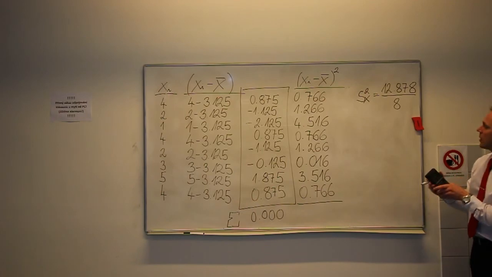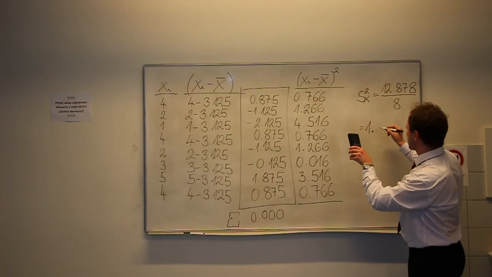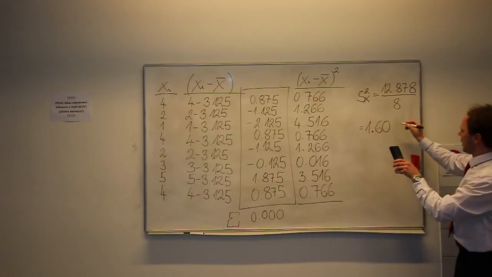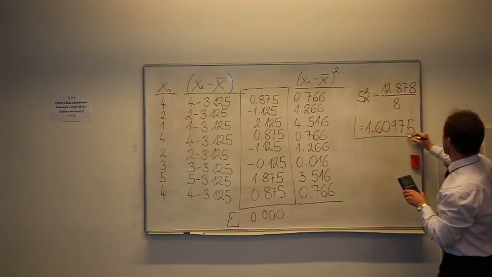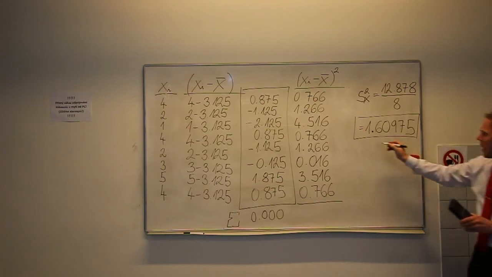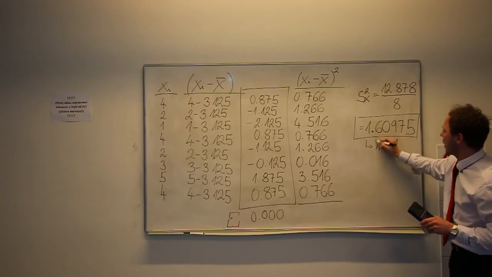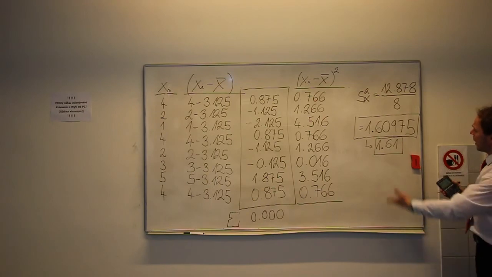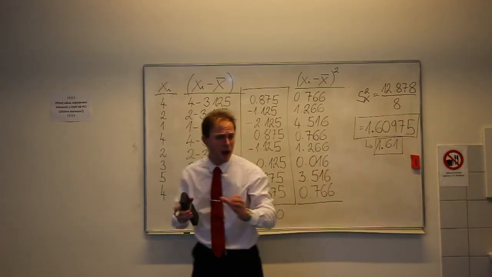Divided by 8, the result is 1.60975. If you use only 2 decimals, you will see 1.61. Okay, so this is the result, but we have a problem with the interpretation of variance, because the variance is in squared units.